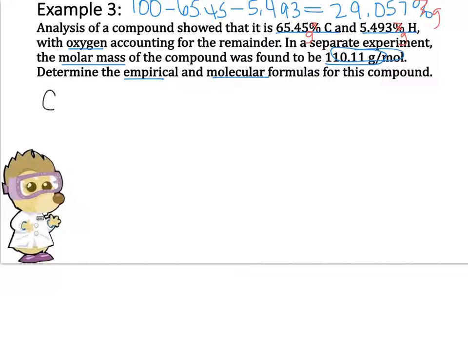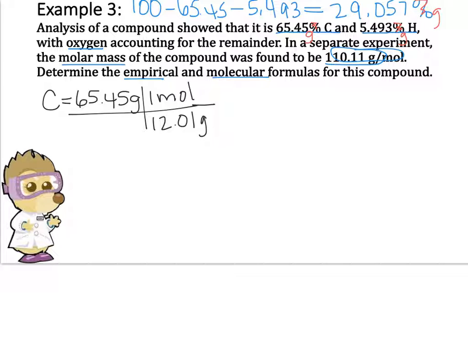So we have carbon, our grams of carbon. We're going to use the conversion of the mole over the atomic mass from the periodic table, which is the mass of that element. And when we do that, we get 5.450. Now, I've got 4 sig figs for my answer.